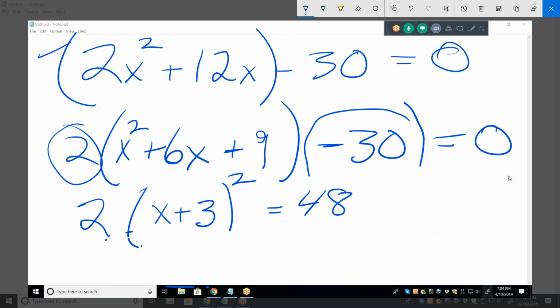Now we can solve this relatively easily. How do we do it? We're going to end up solving it by taking the square root of both sides. But we can't do that until we have that completely isolated.